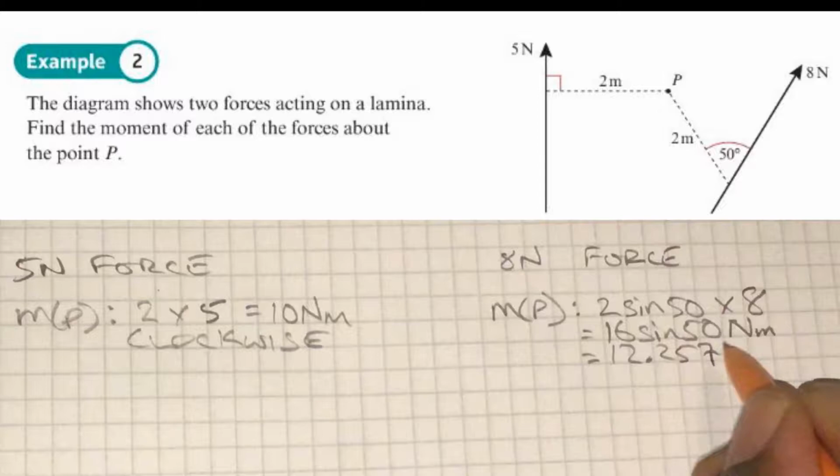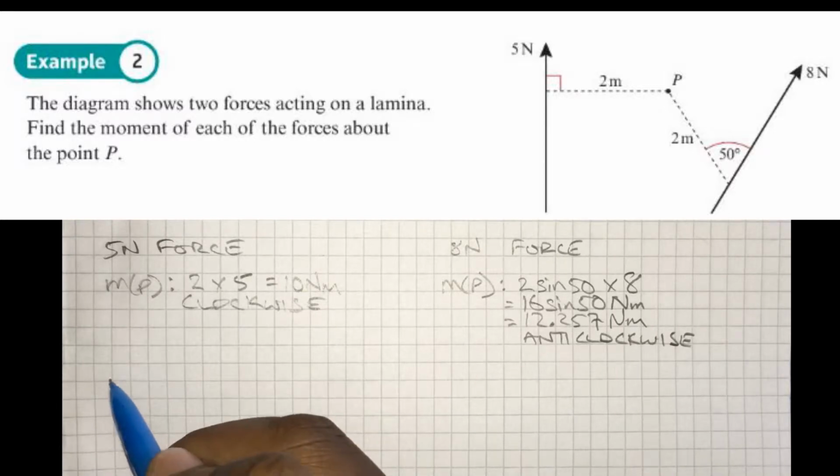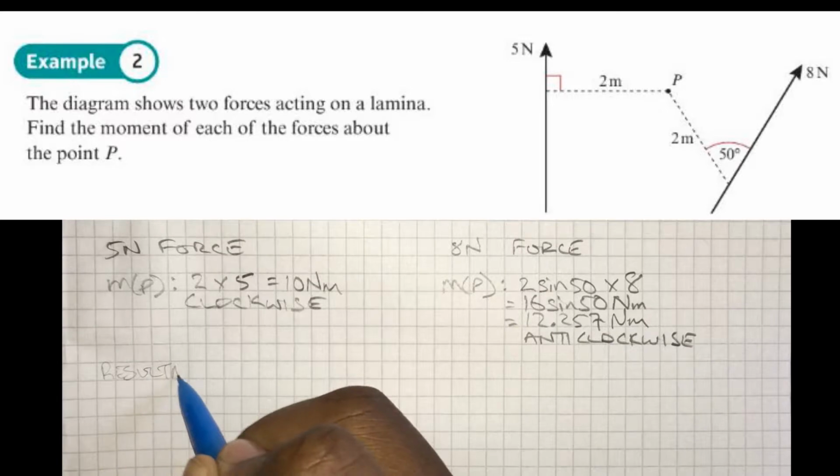If you remember at the end of the last video, we had these two moments applied to the point P. Which direction is winning out over the two? One of them was 10 Newton meters clockwise, and the other was 12.257 Newton meters anti-clockwise.